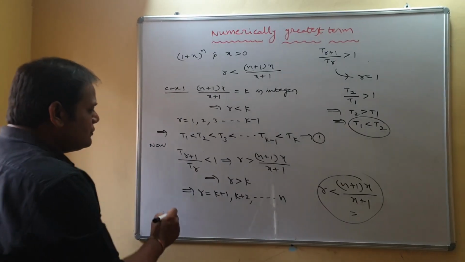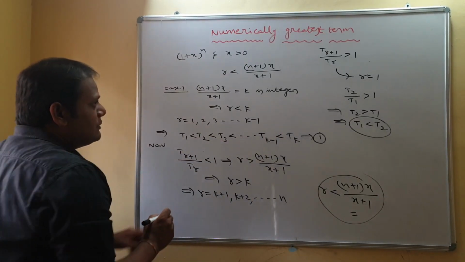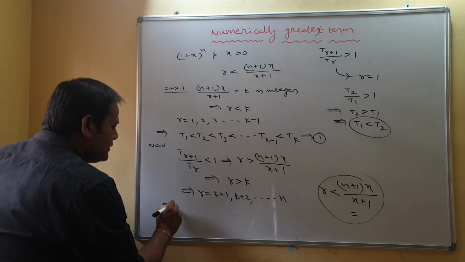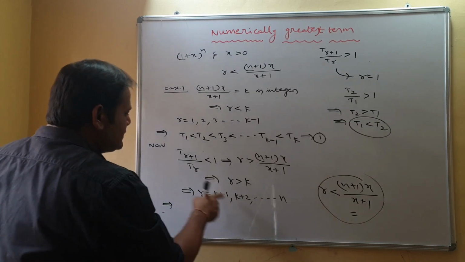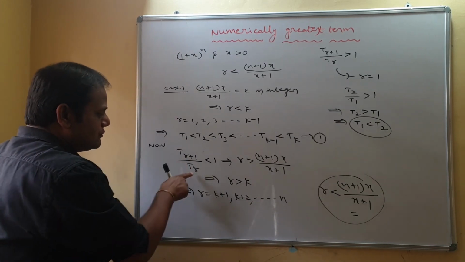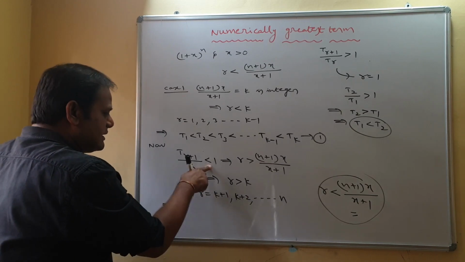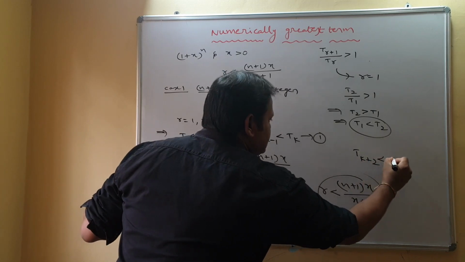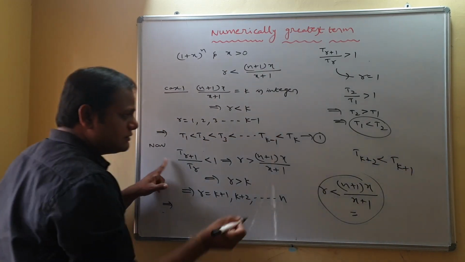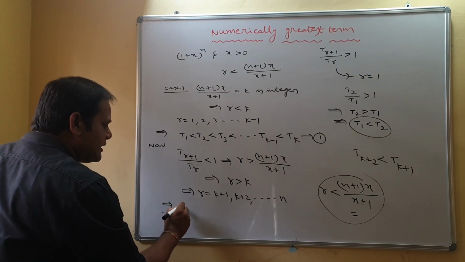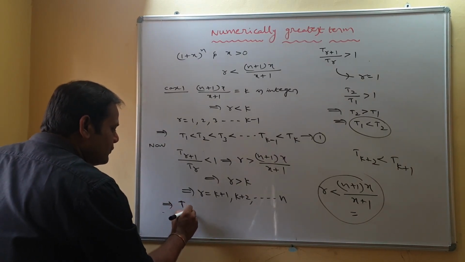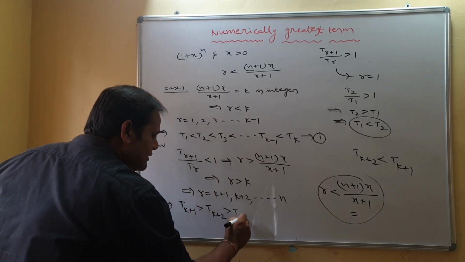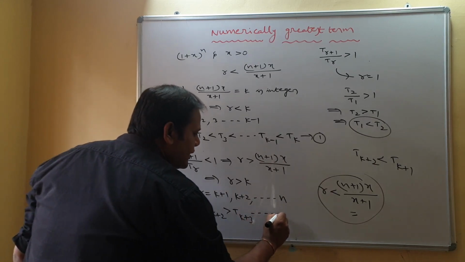If you substitute these in t(r plus 1) by tr less than 1, suppose you take r as k plus 1, so it becomes t(k plus 2) by t(k plus 1) less than 1. So you get t(k plus 2) less than t(k plus 1). Writing that in reverse order, t(k plus 1) greater than t(k plus 2), similarly greater than t(k plus 3), and so on.